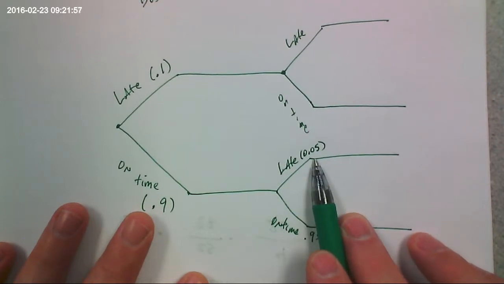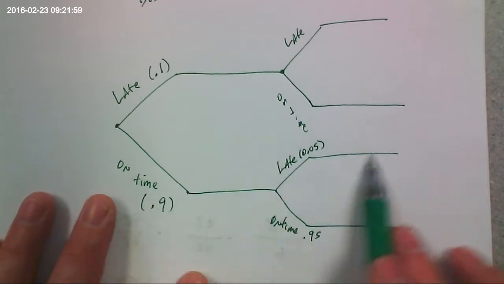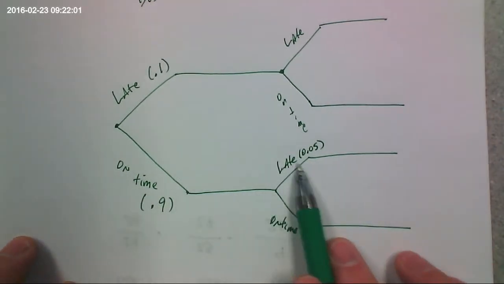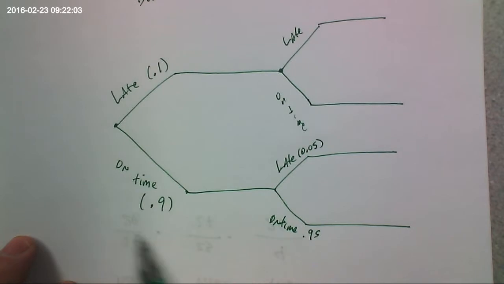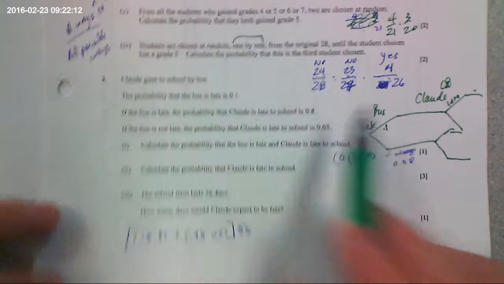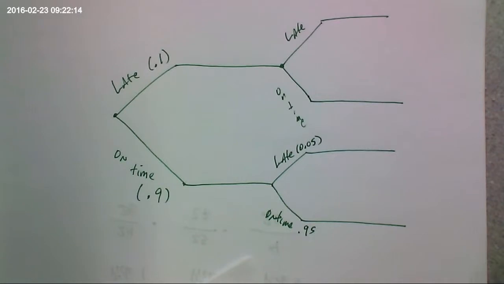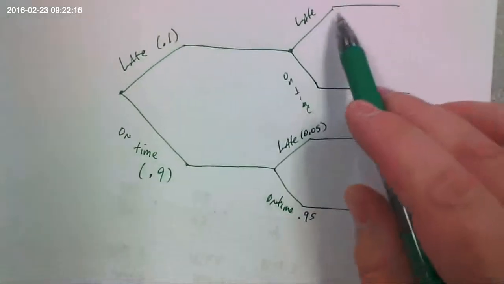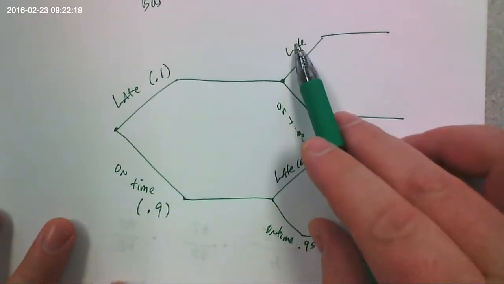Because it's not the whole branch, because it doesn't say the bus and he's late. It's like, if the bus is late, this is the probability he's late. Okay, if the bus is late, the probability he's late is 0.08. So where would that 0.08 go? Here or here?